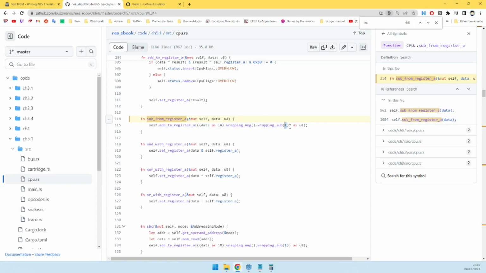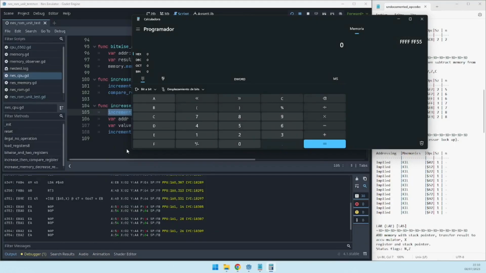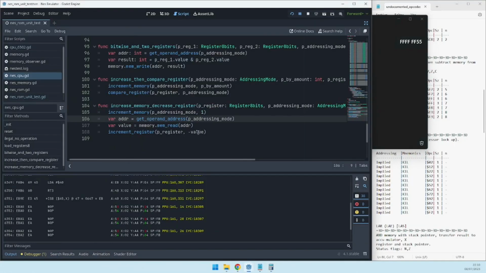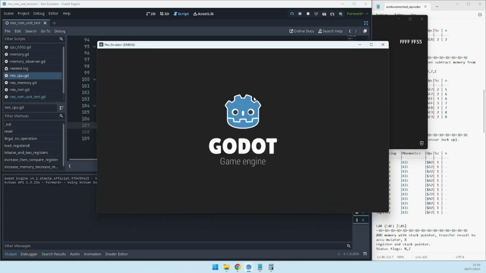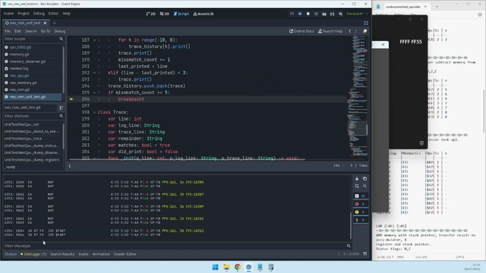This seems to suggest it subtracts value plus 1. So what happens then? Okay, now the value of A matches, but the program counter is not matching, and that is because we are not updating overflow and carry.